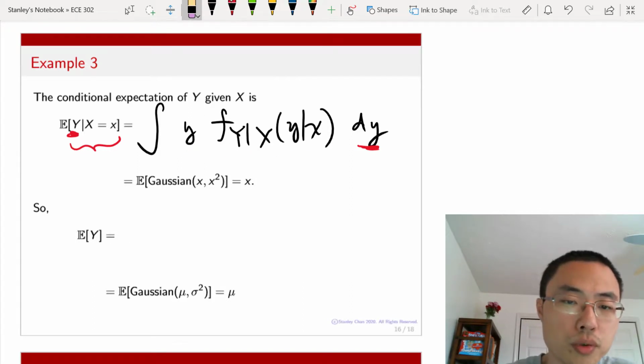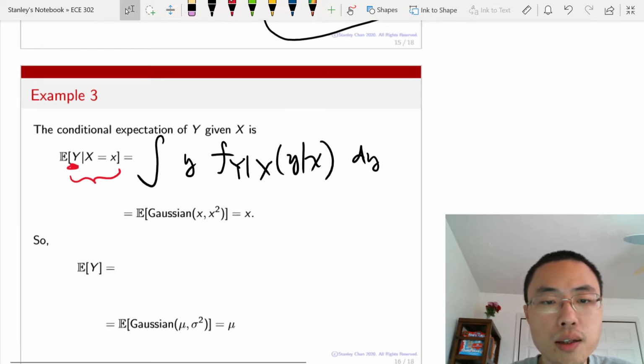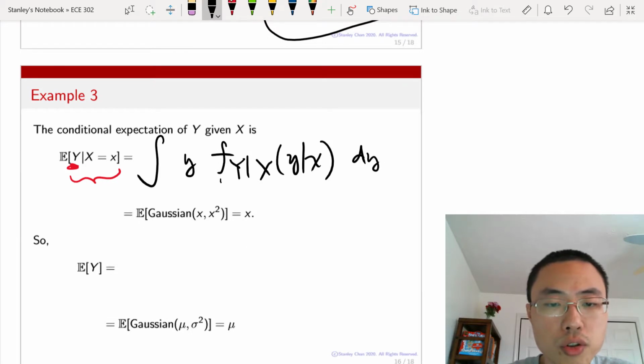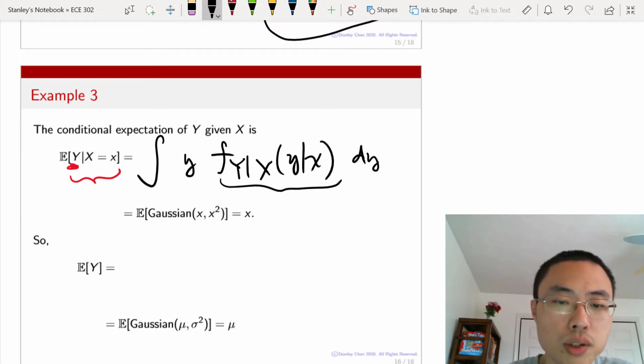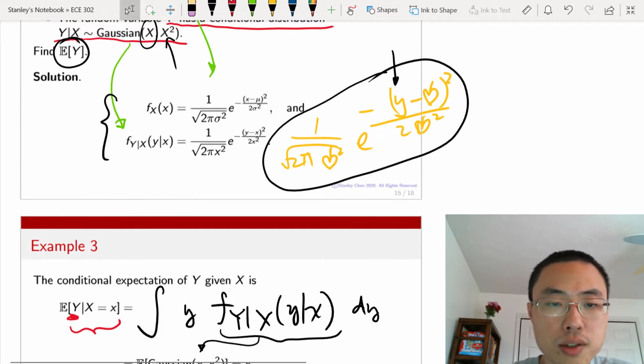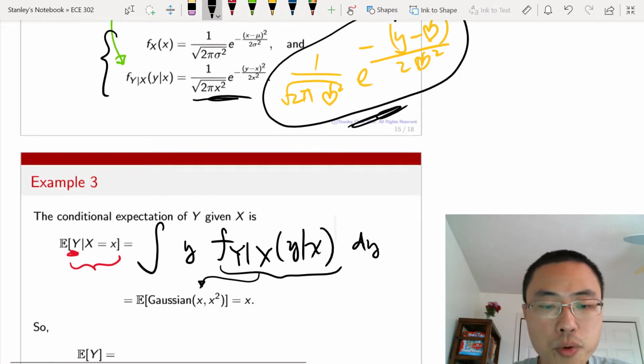Now, this is very important to write correctly, otherwise your following calculations will all be wrong. This has to be the conditional PDF because you're looking at the conditional expectation. Now, we ask, what is this conditional PDF? This conditional PDF we have calculated. It is this thing, or if you prefer, it's the same by replacing the x with the apple.